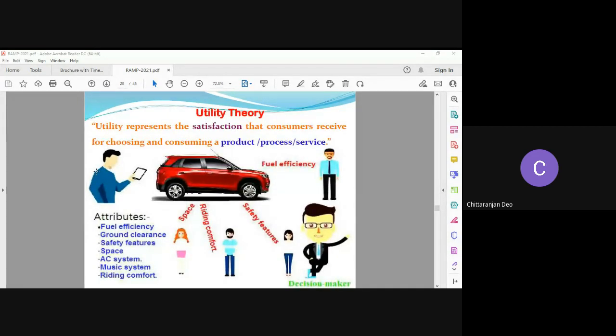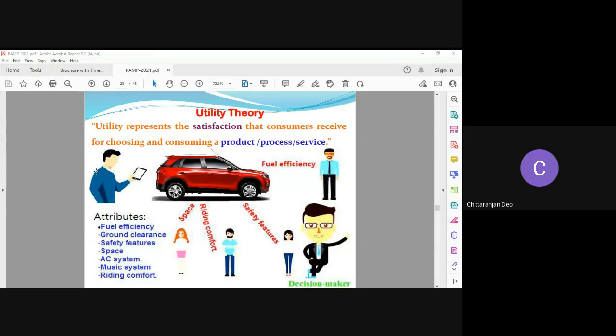Now, what is utility? Utility represents the satisfaction that the customer or consumer receives from choosing and consuming a product, process, or service.